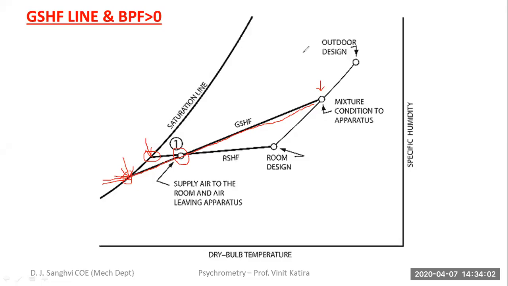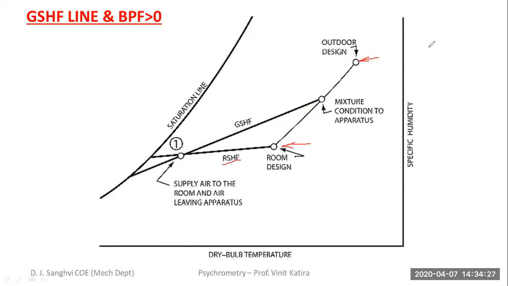The only thing you need to understand here is that whenever you start to solve numericals, first you locate the outdoor condition over here. I'll just explain the steps. You locate the outdoor condition over here. You locate the room design conditions over here. You will then find the RSHF value.